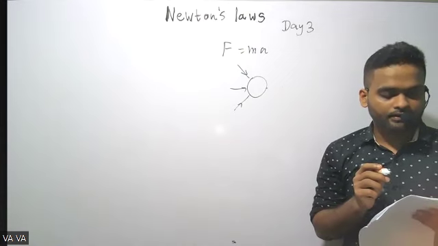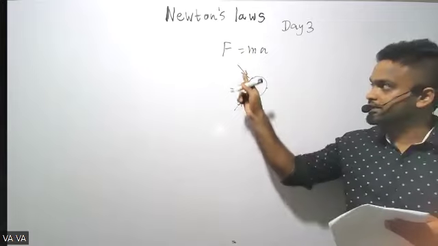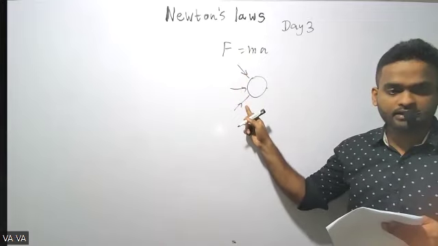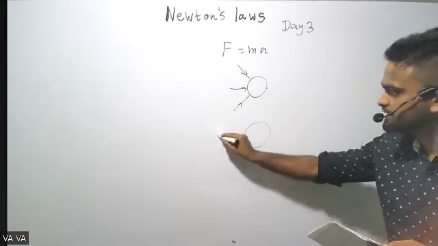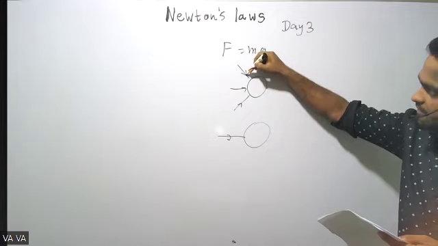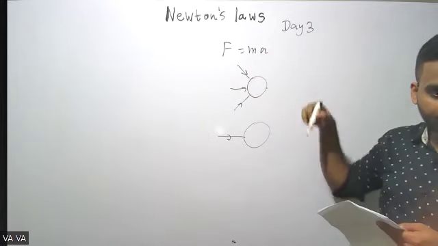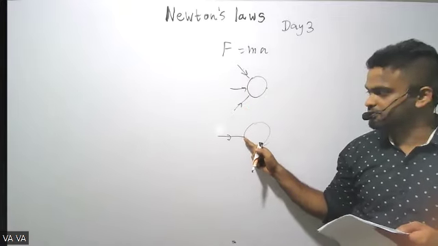So the answer should be the second one. You have to get the resultant of all these forces. Resultant, you know, right? Resultant is the single force that can replace all these forces. So it should be the second answer.